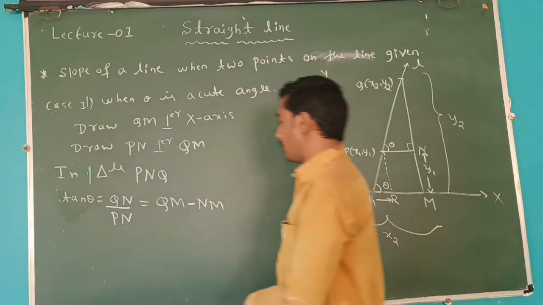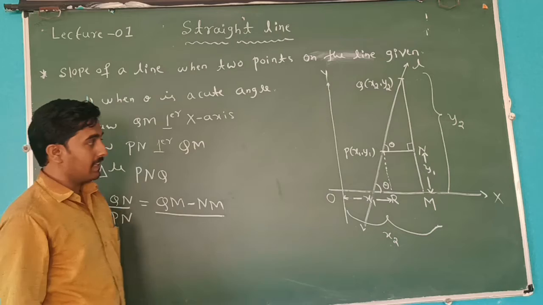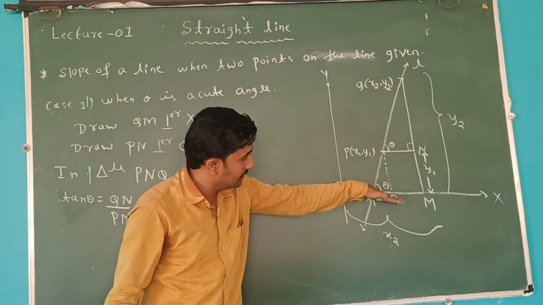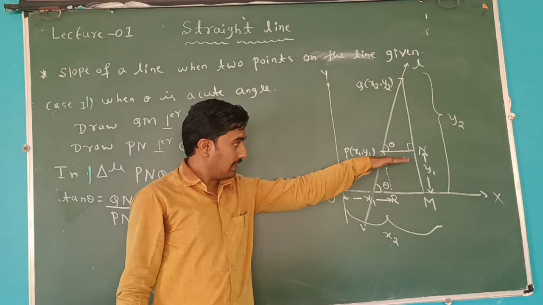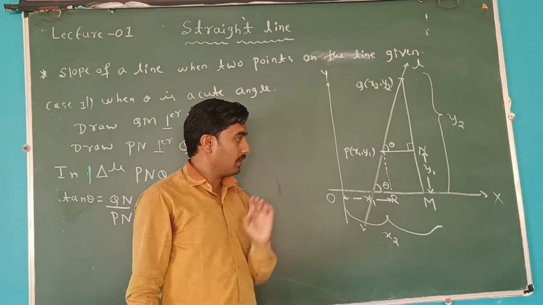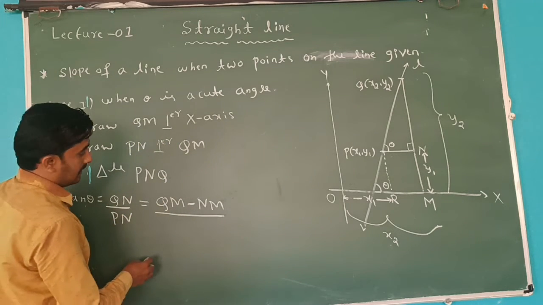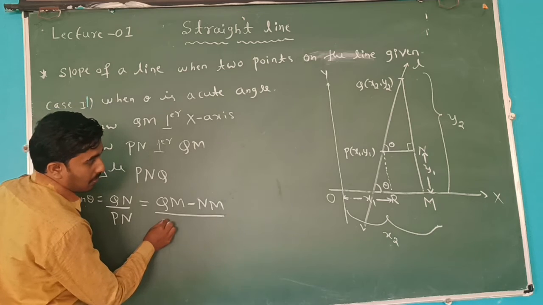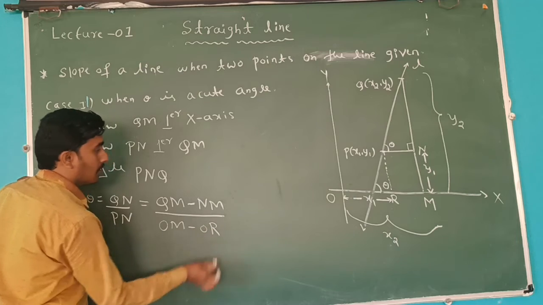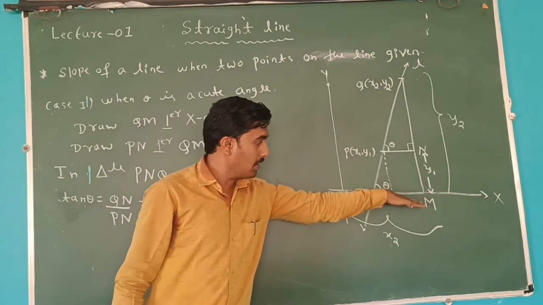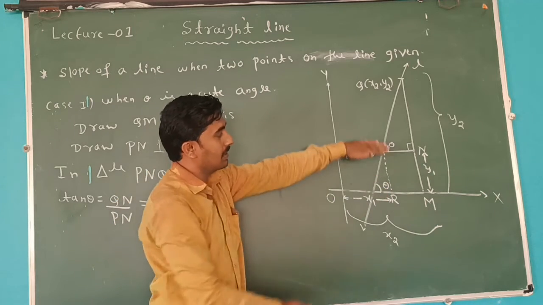How can you write PN from the diagram? PN is parallel to RM. So PN can be written as the whole OM minus OR. In the whole OM, we subtract OR, we get RM, and RM is nothing but PN.